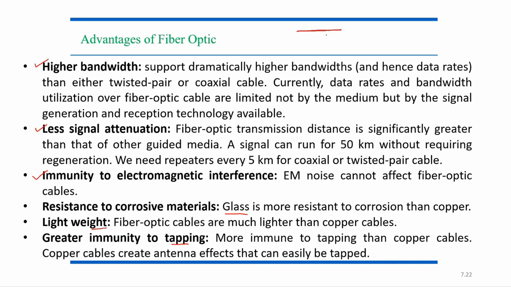This effect of metals working as an antenna is called the tapping effect. But in optical fiber, there are no metals, so it is immune to the tapping effect, unlike copper cables, which create an antenna effect and can be easily tapped.